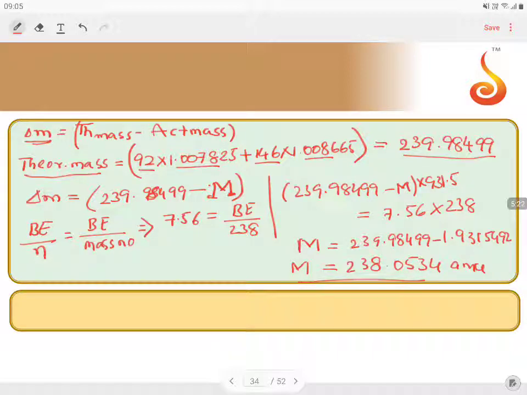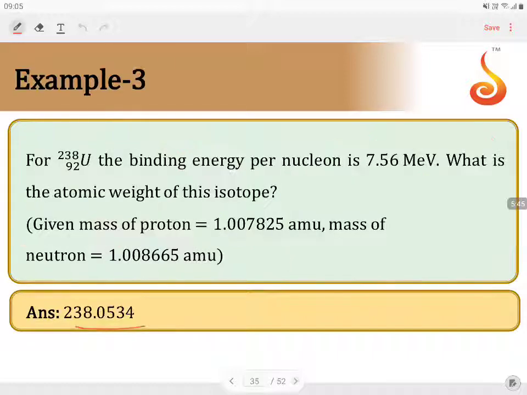So the formula says 7.56 is binding energy by the total mass number 238. From this we found binding energy. Binding energy is theoretical mass minus actual mass, into 931.5, which is equal to 7.56 into 238. From this we found out the M value, and that is our answer, 238.0534.